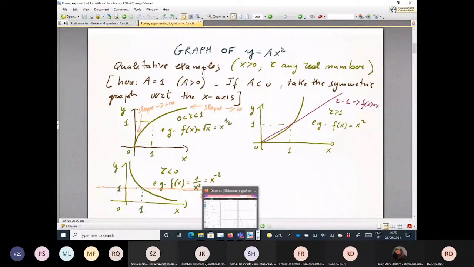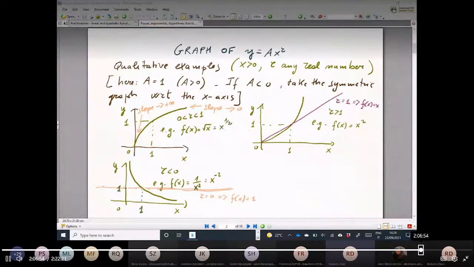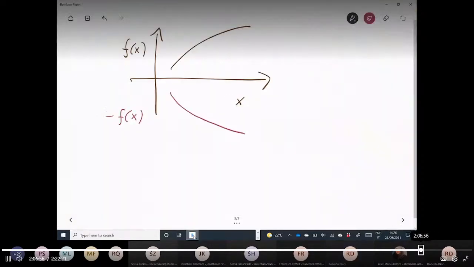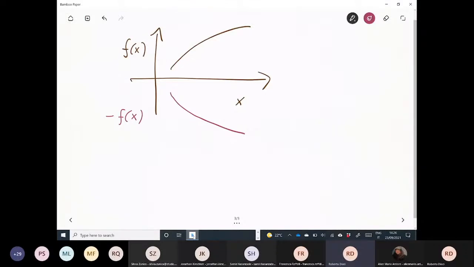So just to go back. Here is an example. Qualitatively I mean, this is the point (1, 1), and this could be x to the power of 3 over 2, okay?